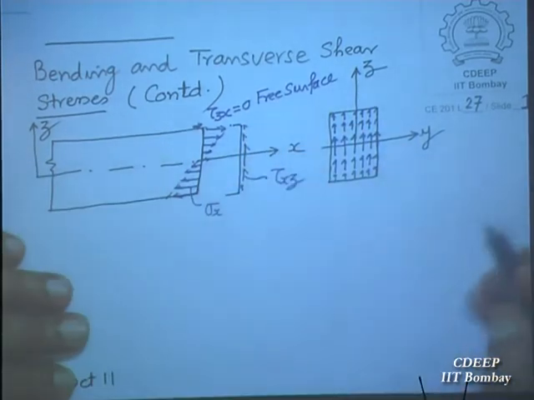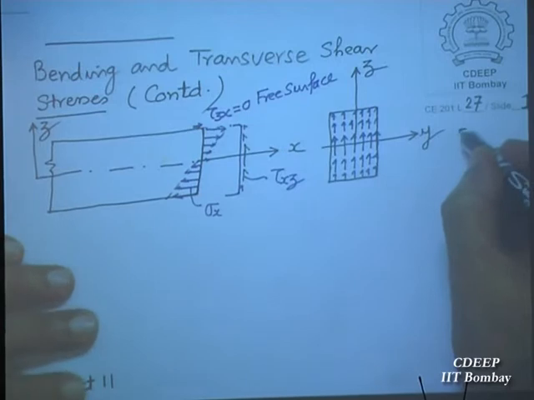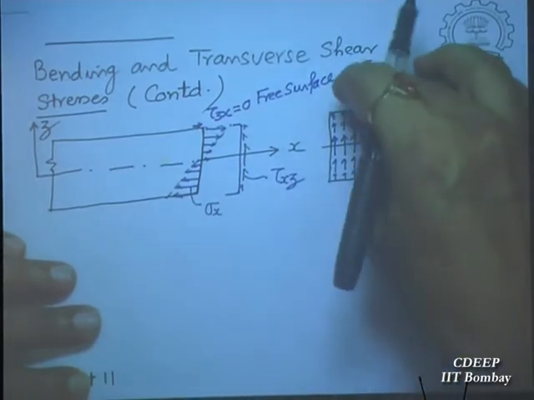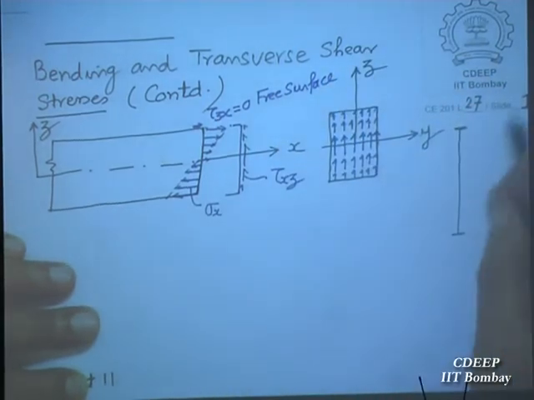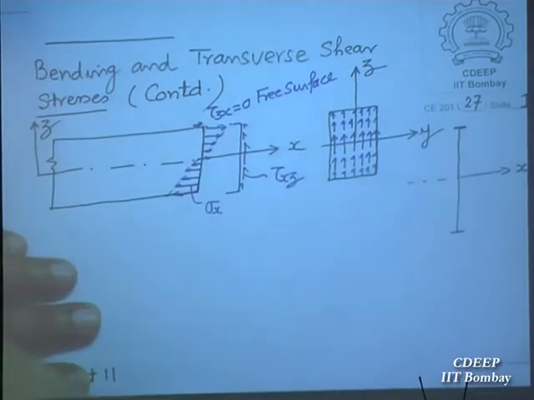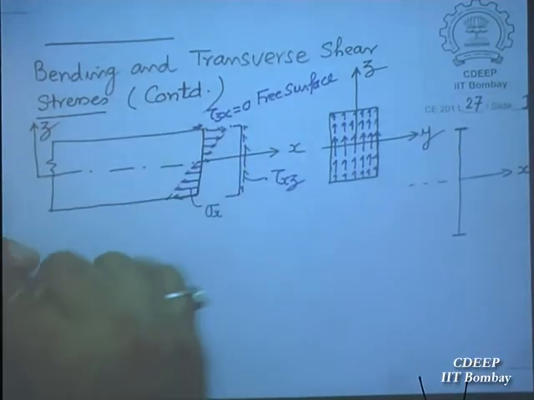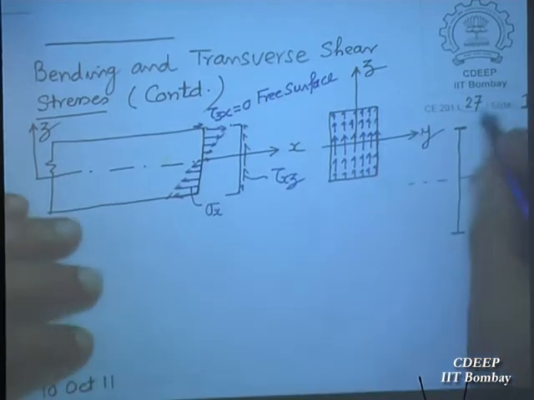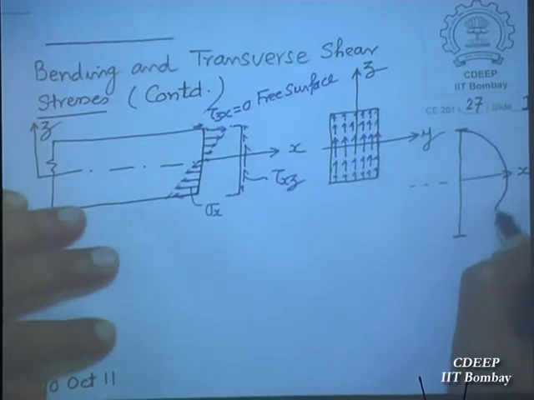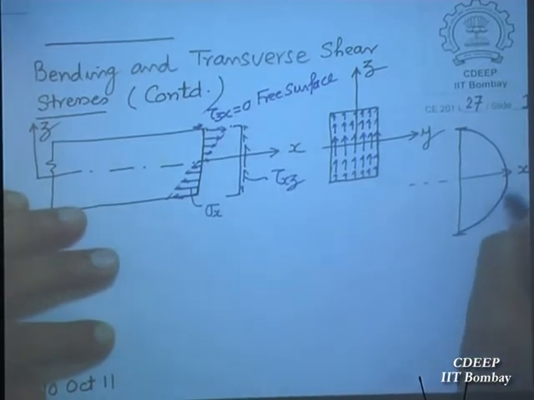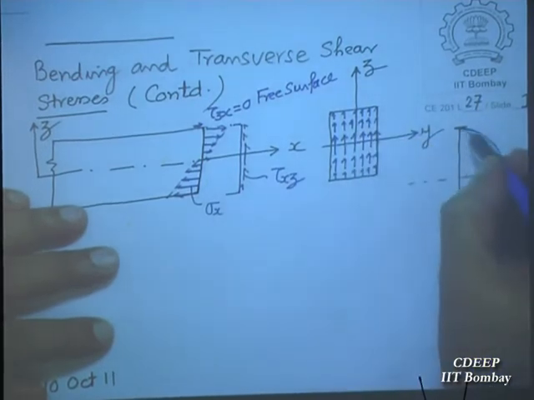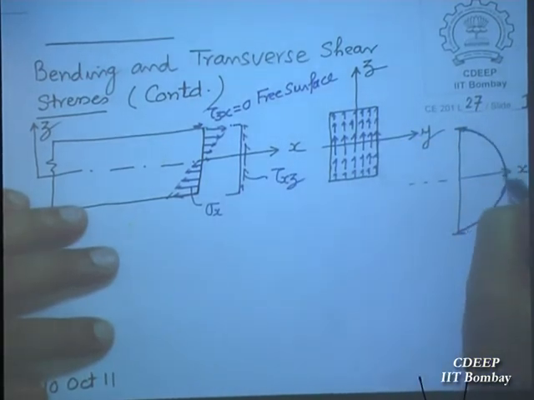The variation of this through depth, if this is the depth and this is the x-axis, of course not to the same scale, is parabolic, as we saw last time. It varies parabolically, a symmetrical parabola like this. So this is the magnitude of these shear stresses.